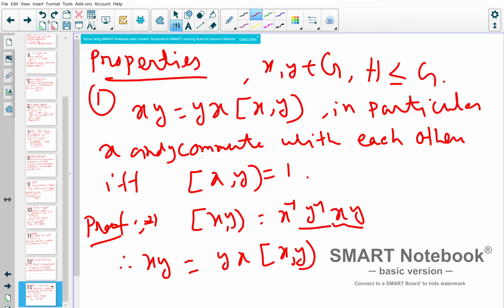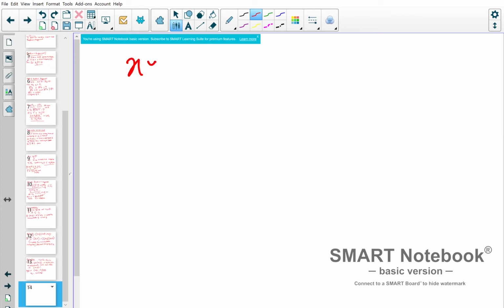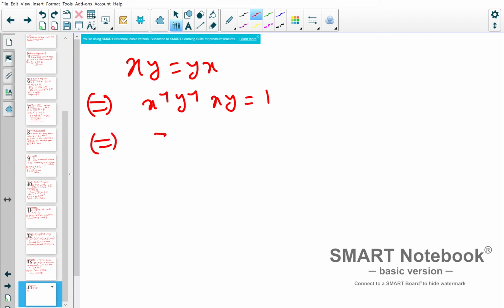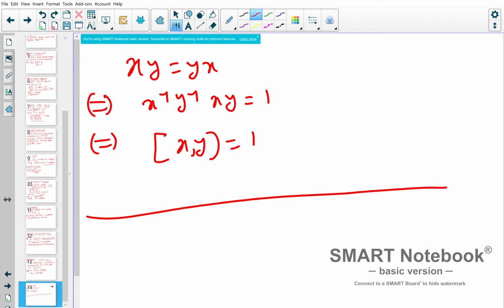So xy equal to yx is implied by x inverse, y inverse, x, y equal to 1. This is also if and only if the commutator is equal to 1. So if two elements commute, then if and only if the commutator is 1.